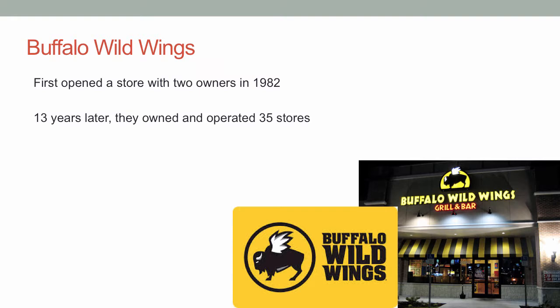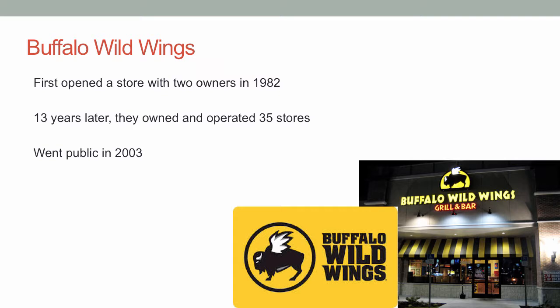But they were limited in how much they could grow. They had great ideas. They saw a lot of business potential. And what they decided to do is, after 8 more years of kind of doing it on their own, they decided to go public in 2003.